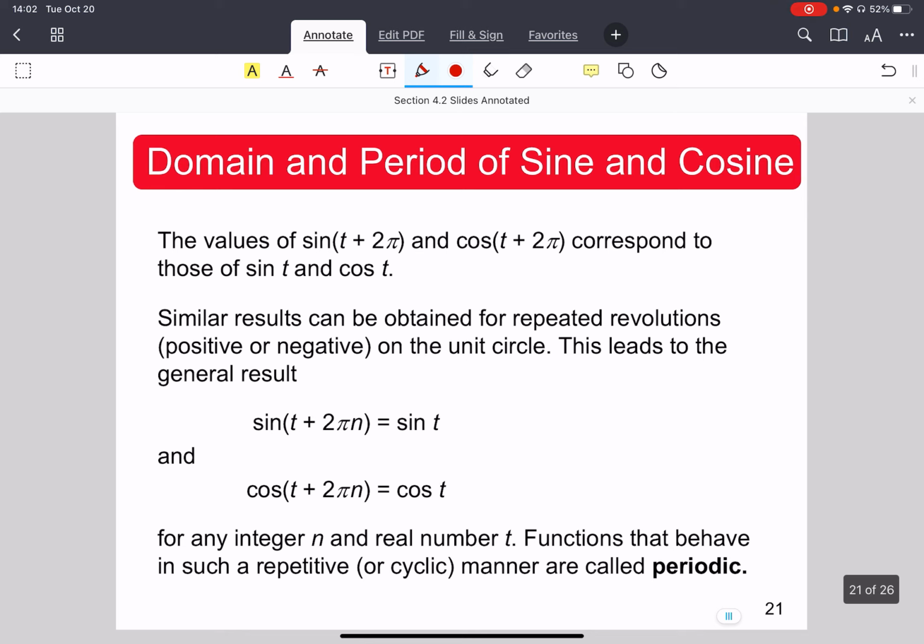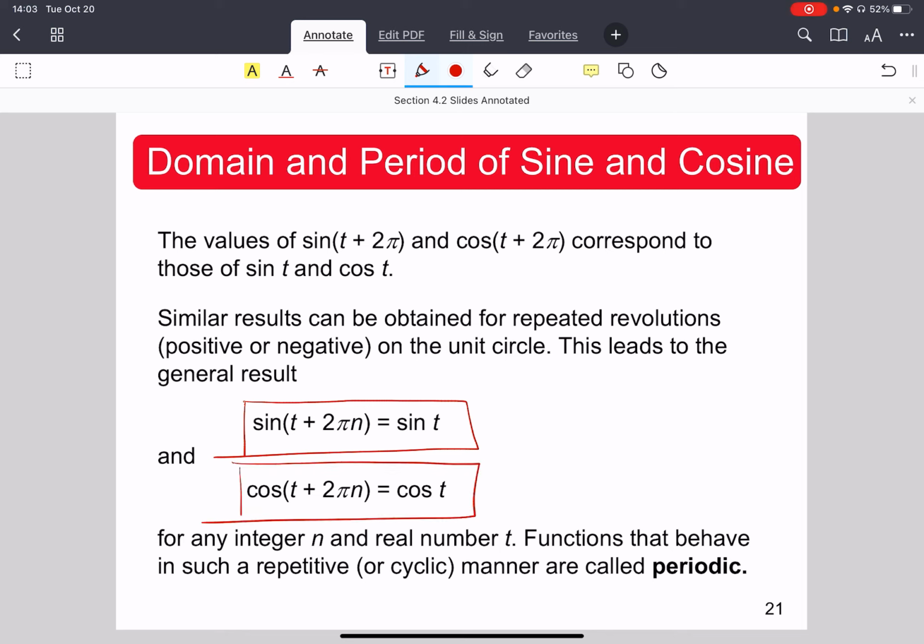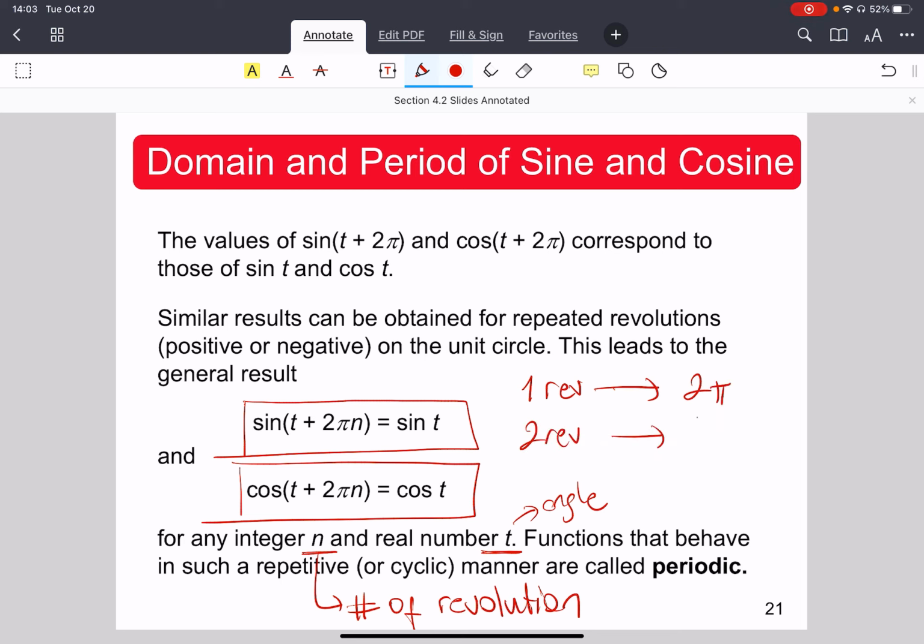So here I define all this, and then what we're generally interested in is this result: sine of t plus 2 pi n is always going to be sine of t, and cosine of t plus 2 pi n is going to be cosine of t, for any integer n and real number t. You guys realize t is an angle, and n is the number of revolutions, because we know that 1 rev is 2 pi, 2 revs is 4 pi.